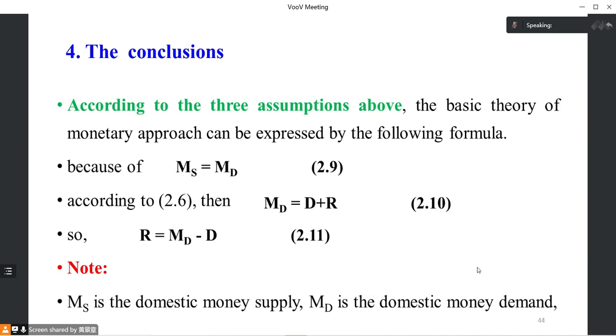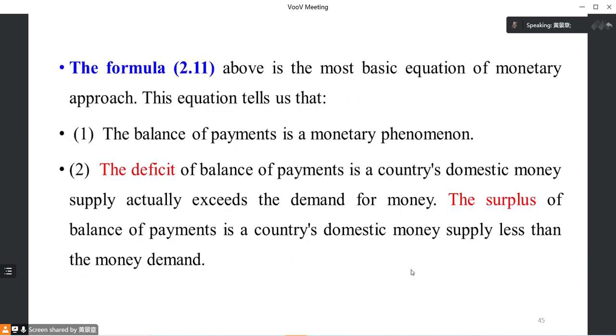Let's go on. The formula 2.11 above is the most basic equation of the monetary approach. This equation tells us that the balance of payments is a monetary phenomenon. The deficit of balance of payments is when a country's domestic money supply actually exceeds the demand for money.